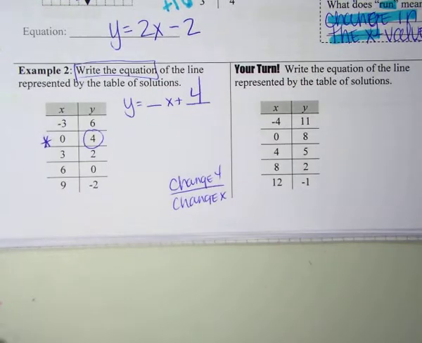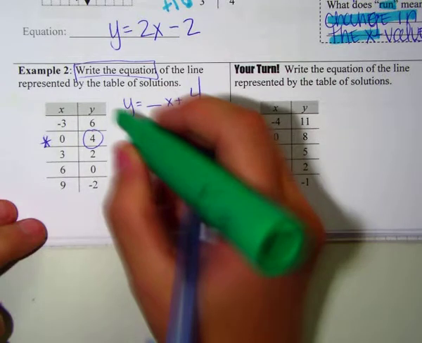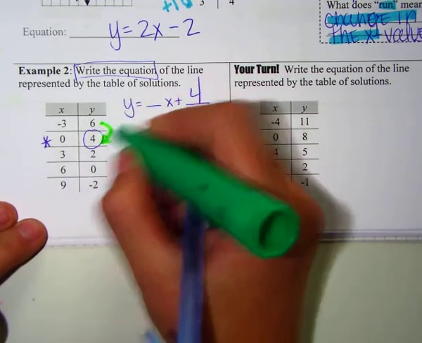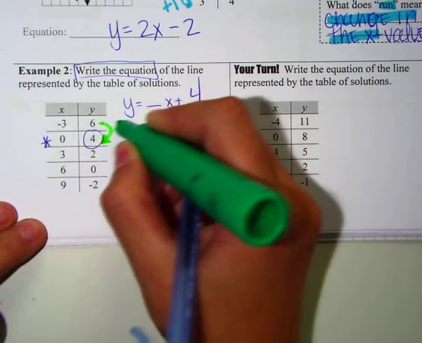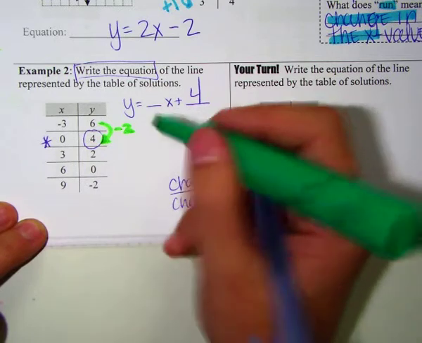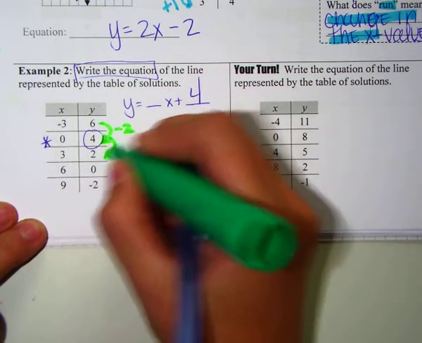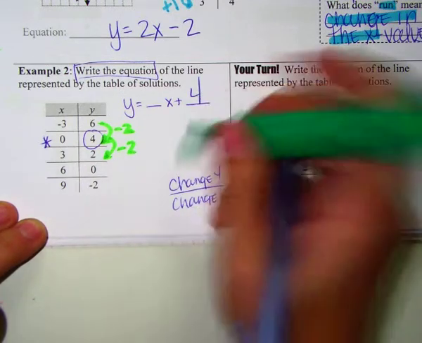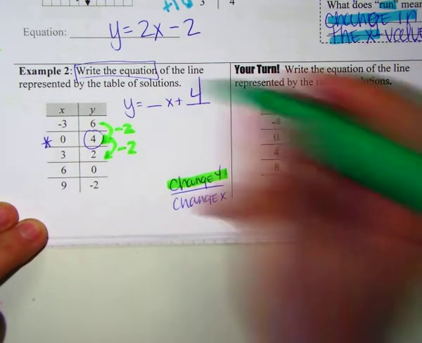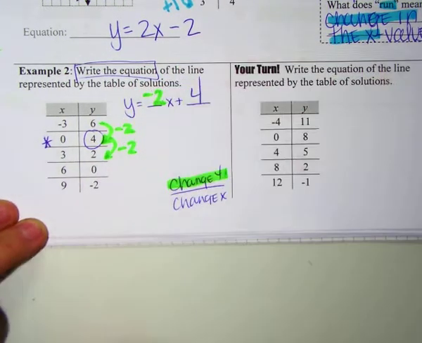So let's look at how the y values are changing. It's going from 6 to 4, which is 6 minus 2 is 4. It's going down 2. 4 to 2, we're subtracting 2. Our change in y values is -2.